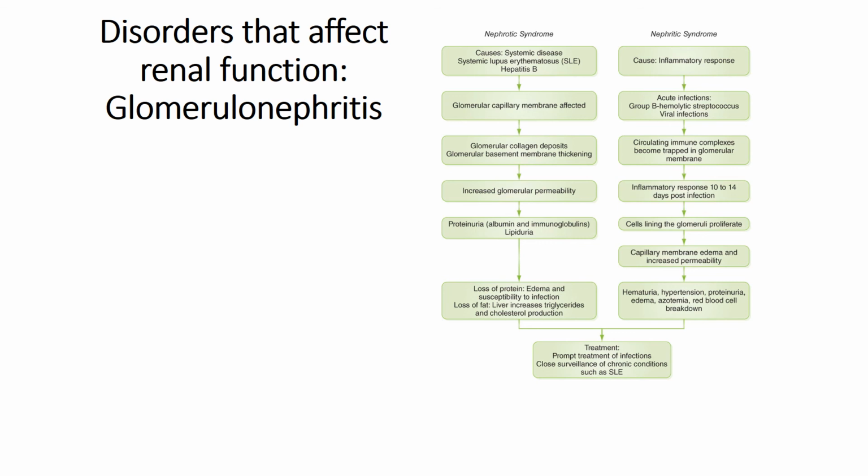We also have pharmacological tools that can treat blood pressure, and we have dialysis treatment that can remove nitrogenous waste from circulation. So, with that said, that is the end of this lecture over glomerular nephritis, over nephrotic syndrome and nephritic syndrome.